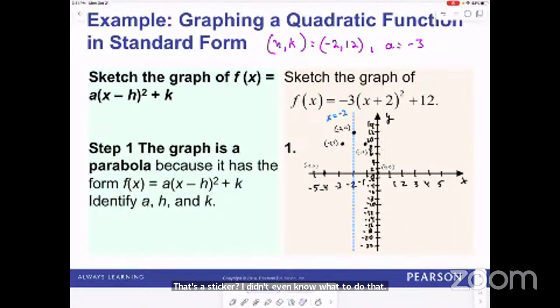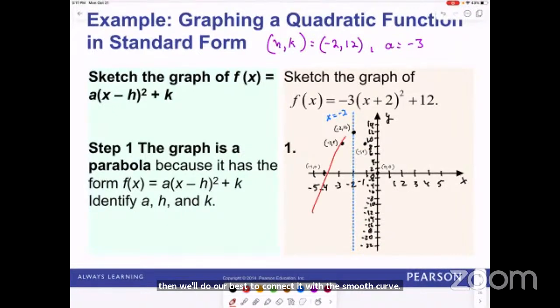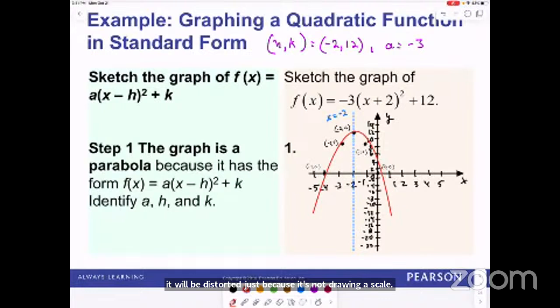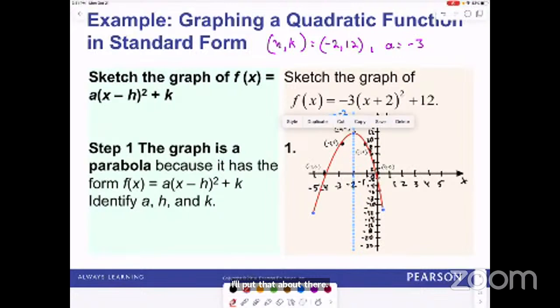And then we'll do our best to connect it with a smooth curve. Again, it will be distorted just because it's not drawn to scale. Let's see, I'll put that about there. When x is 1, 3 squared is 9 times 3 is what? Negative 27. Plus 12, negative 15.